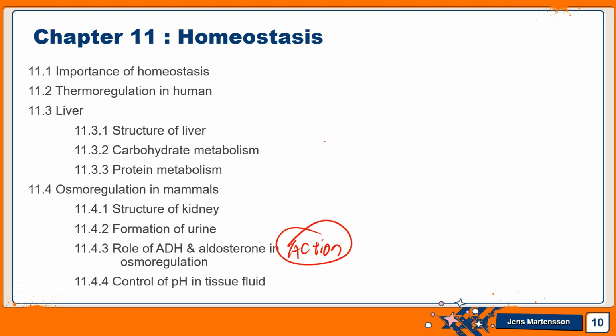In SPM, you just know that when the osmotic pressure or the water content becomes low, it will send an electrical impulse to the hypothalamus. The hypothalamus will send the impulse to, I think, the pituitary gland.